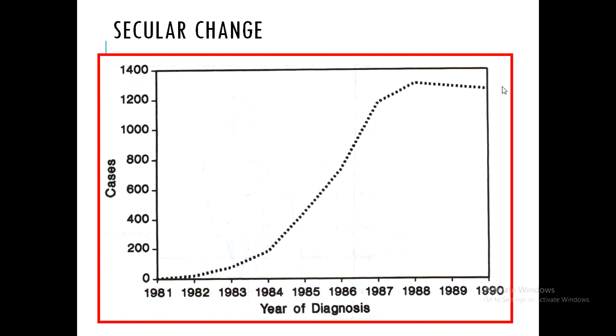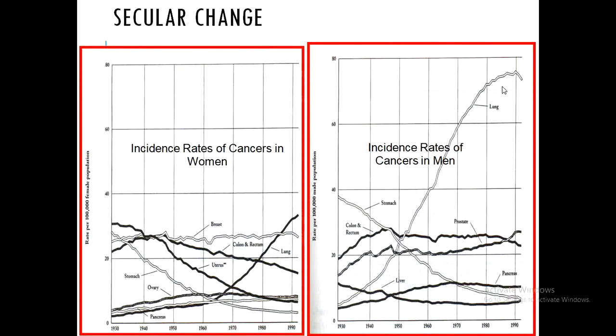So these diseases have shown their pattern over decades, with an increase or decrease over a prolonged period of time. This is known as secular change, the slow change in the trend of the presentation of the diseases.